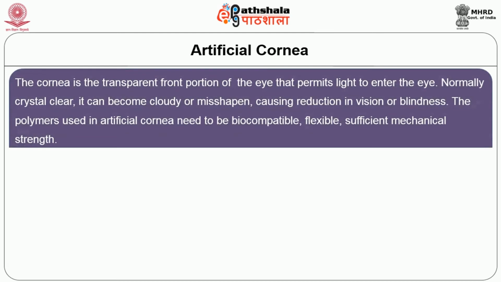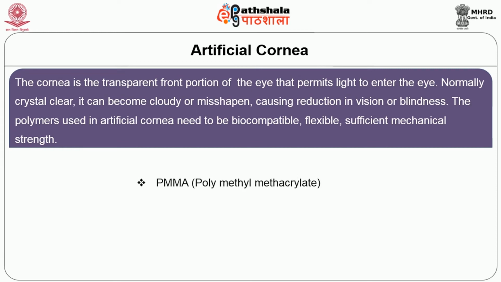The next one to see is artificial cornea. This is the transparent portion in front of the eye and permits light to enter into the eye. Normally crystal clear, it can become cloudy, and mishaps causing reduction in vision or blindness. The polymers used in artificial cornea need to be biocompatible, flexible, with sufficient mechanical strength.